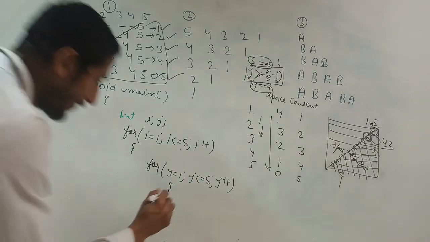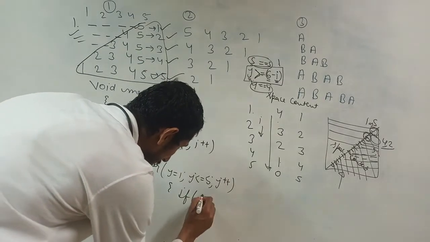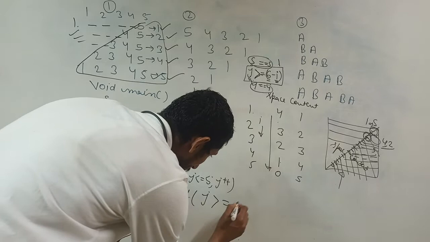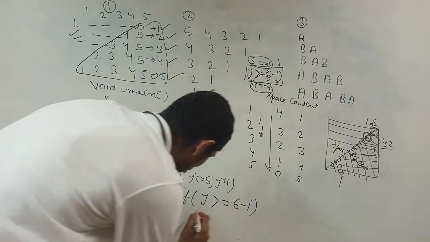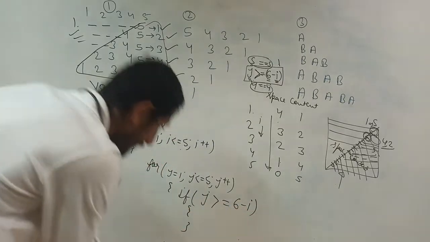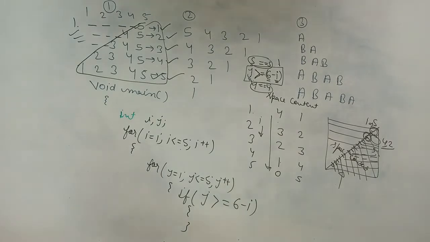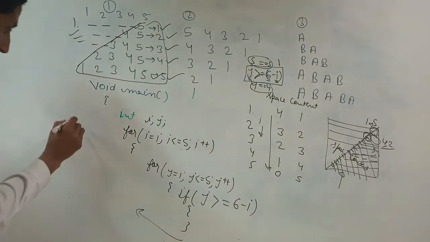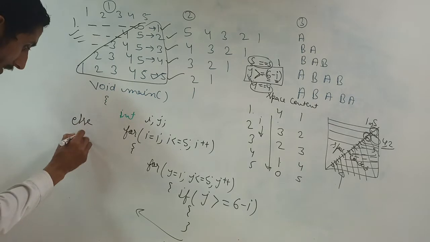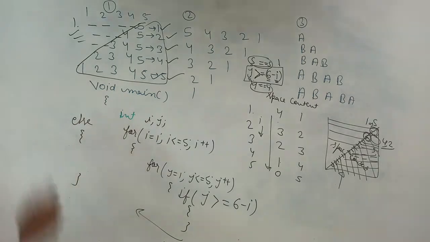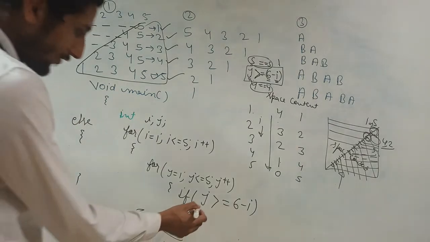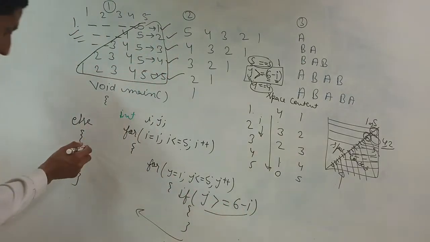So I will write the if condition: if value of j is greater than or equal to 6 minus i, print something. I am writing the else part here as well. I have identified the places where you want to print something.